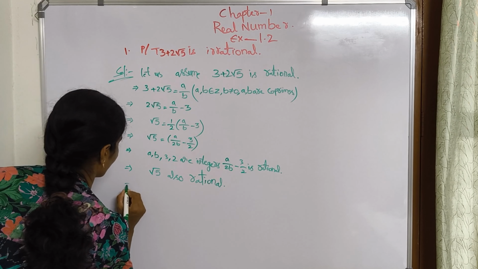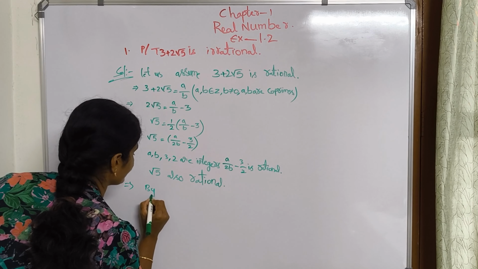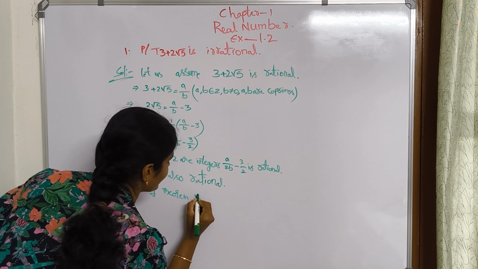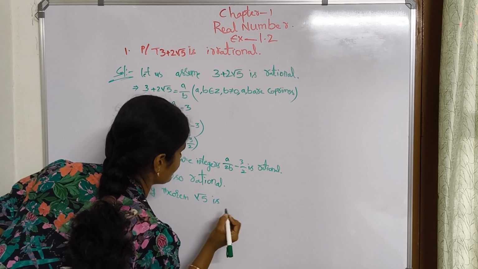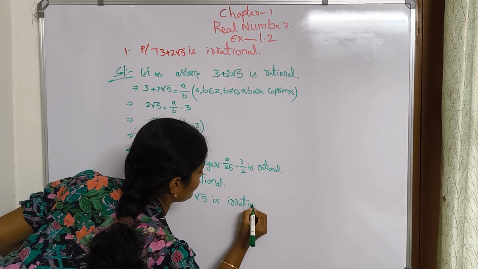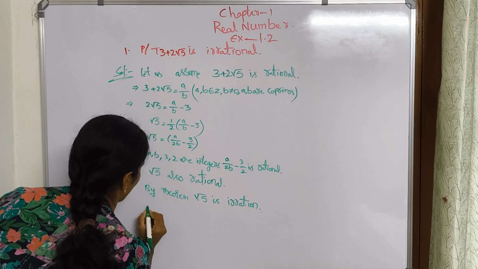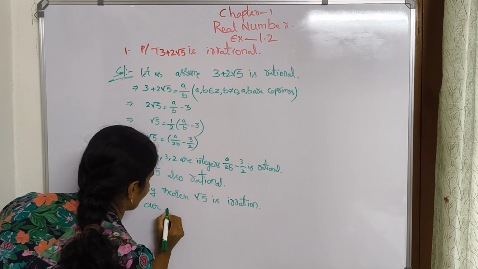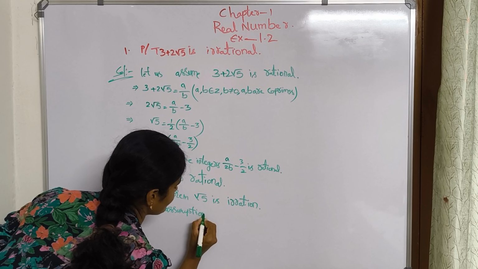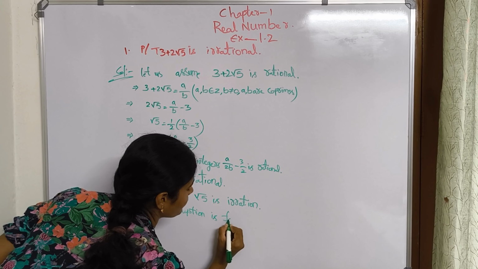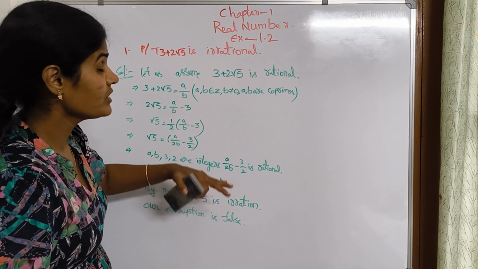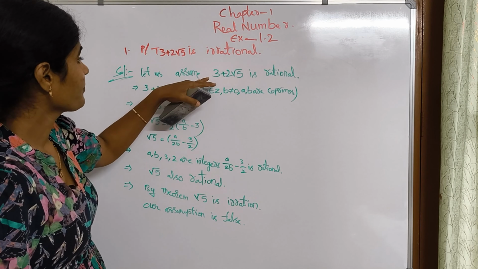Already we know by the theorem that root 5 is irrational. Our assumption is false. So what is our assumption?